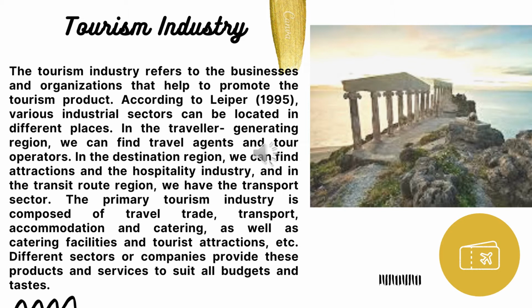While in the destination region, we can find attractions and the hospitality industry. And in transit route region, we have the transport sector. The primary tourism industry is composed of travel trade, transport, accommodation and catering, as well as catering facilities and tourist attractions. Different sectors or companies provide these products and services to suit all budgets and taste.